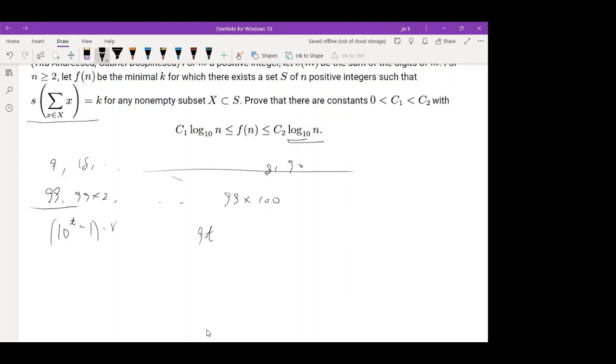So you can just choose 10 to the t greater than or equal to the sum of the first n numbers. And with this, at least at this moment, it should be enough.